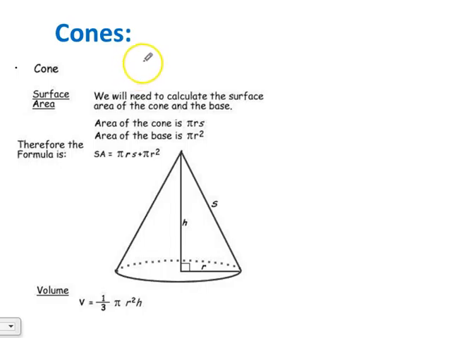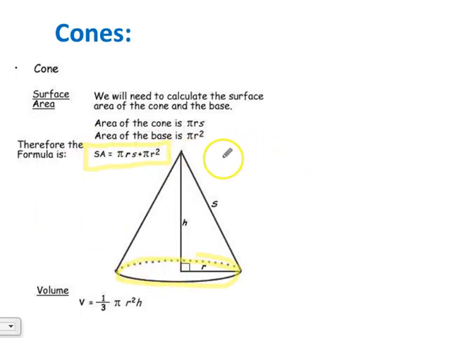So cones, 2 formulas. Let's talk about the surface area formula for cones. It is pi r s plus pi r squared. So pi r squared represents the area of our circular base, because that's what a cone has. It's got a circular base. And then the pi r s is going to give us the lateral face area, and we'll add those two together.